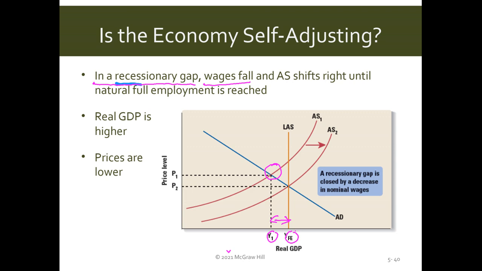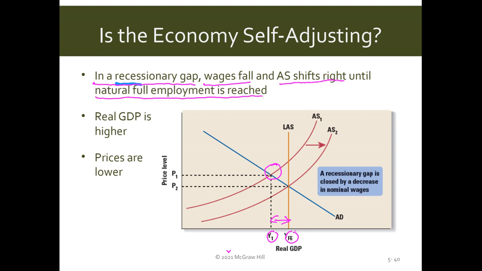Remember, long run aggregate supply does not change because I'm not changing factors of production. I'm just saying the cost of hiring workers decreases. And therefore, all these producers produce more in order to reap higher profits, and aggregate supply shifts right until the natural full employment level is reached.